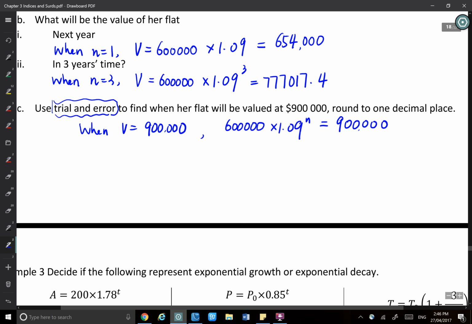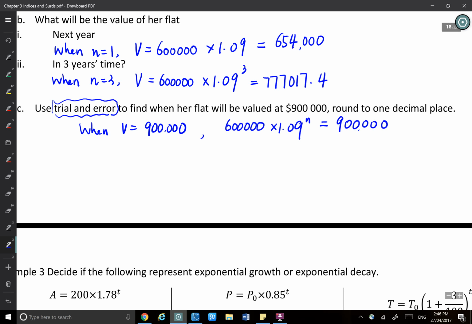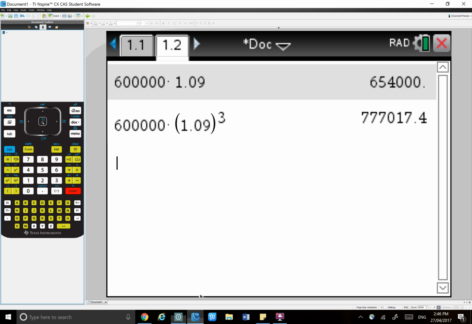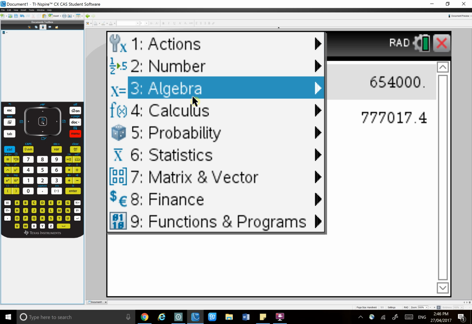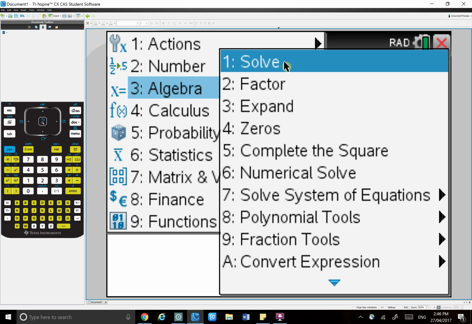But I can't use the calculator to directly solve for it. If I could, what I can do is go Menu, number 3, Algebra, number 1, Solve.